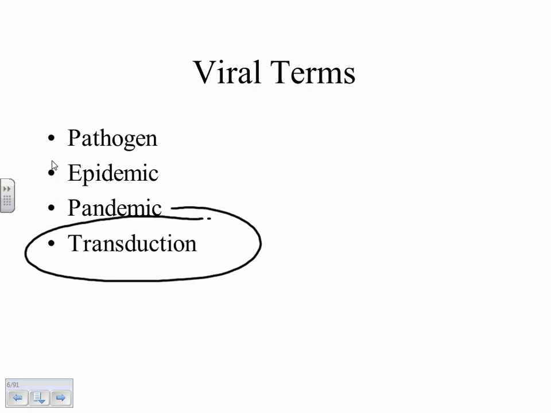That's kind of weird. A lot of your DNA may have originally been virus DNA. Kind of cool. But the idea that a virus can transfer genes from one species to another, that's kind of cool stuff.